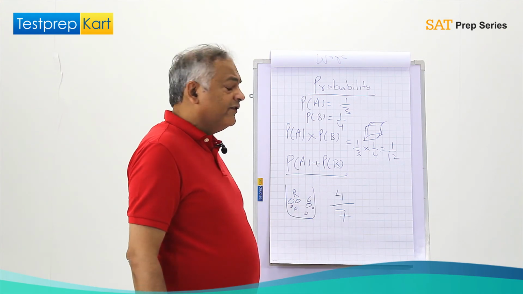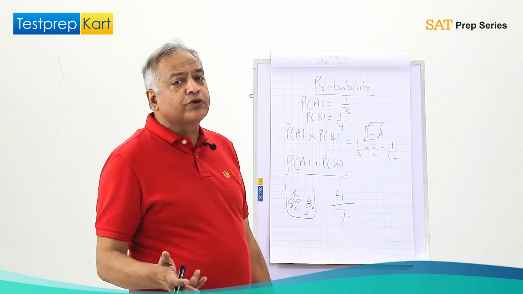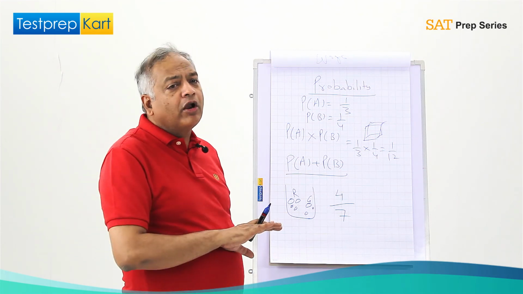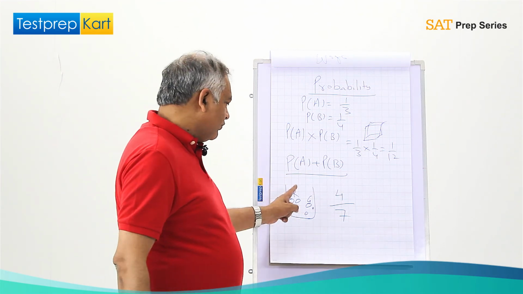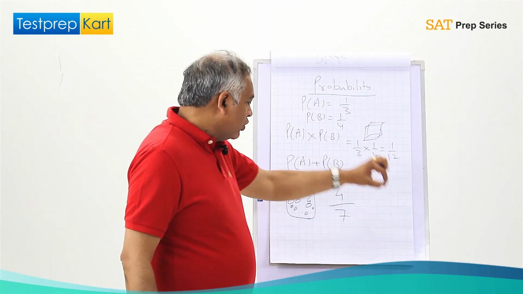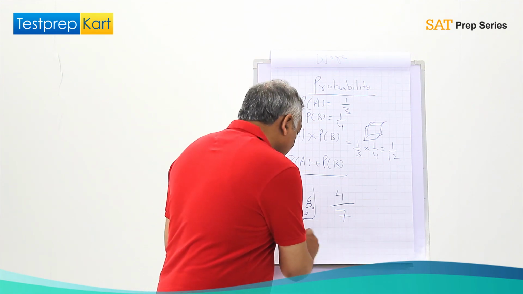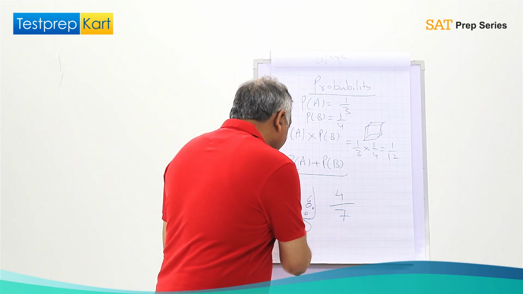Now suppose the question is: what is the probability that the first ball is red and the second is also red, and you are not replacing the ball back in the box? The first probability, of course, for red is 4 by 7. Once you have drawn a ball, now there are how many balls? 6. And how many red balls are there? 3.